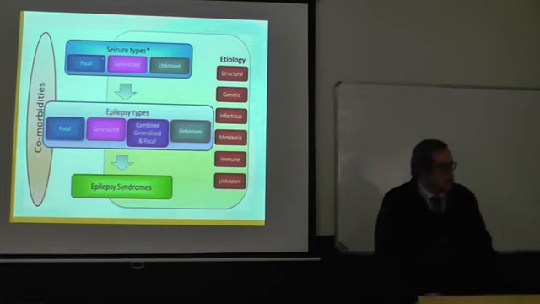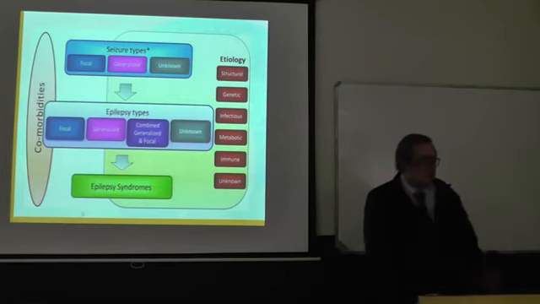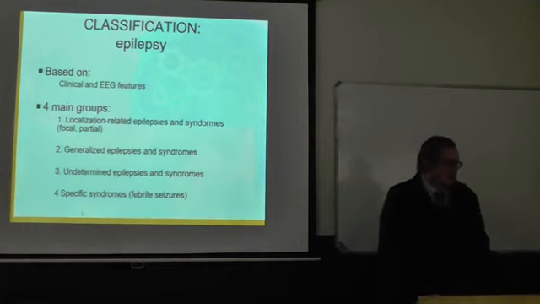The seizure types may be focal, generalized, or sometimes unknown. The epilepsy types may be focal, generalized, combined, or unknown. And the combination of all these different things can give you an epilepsy syndrome. So you can see that the number of permutations is basically unlimited.